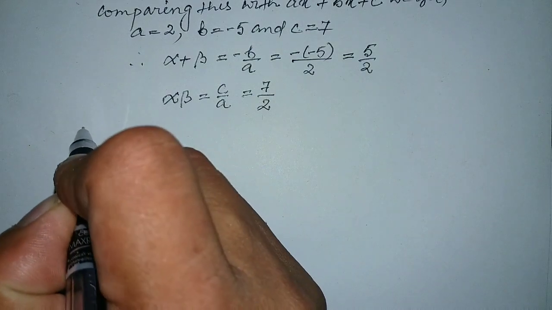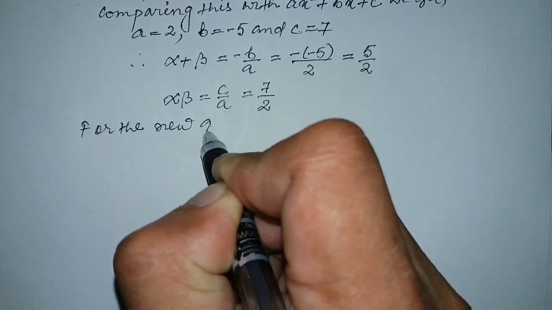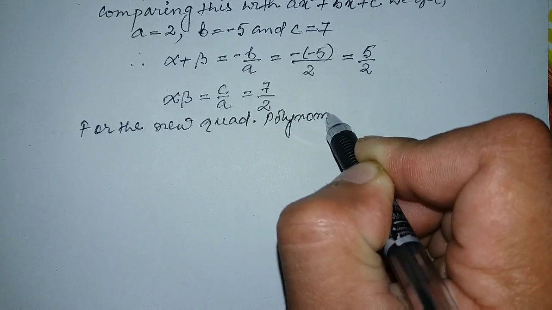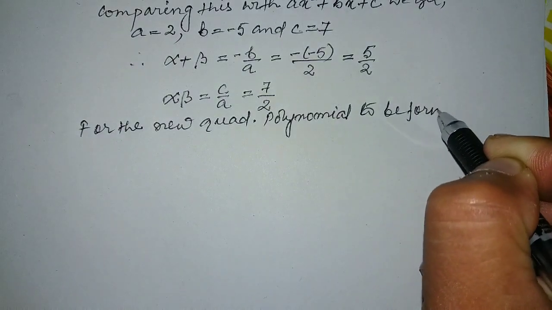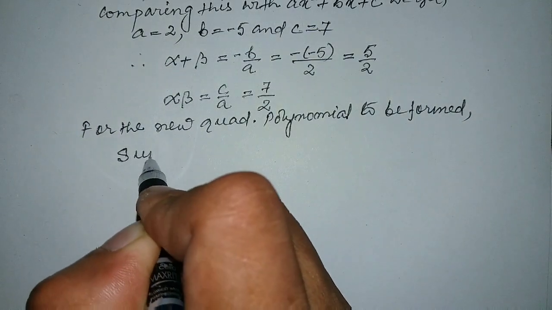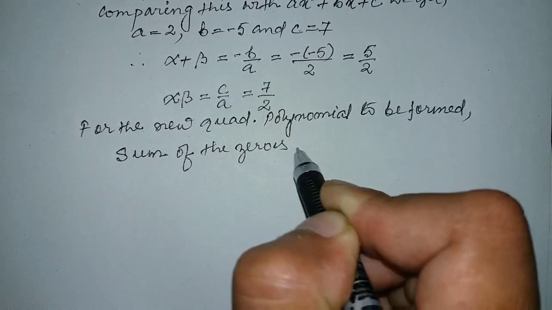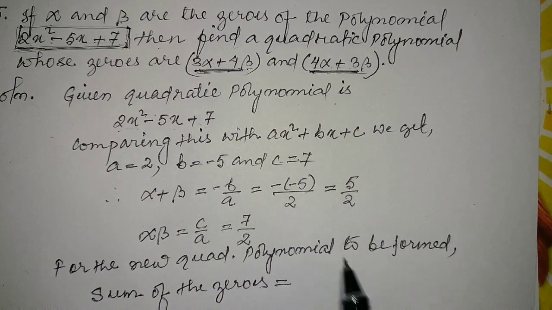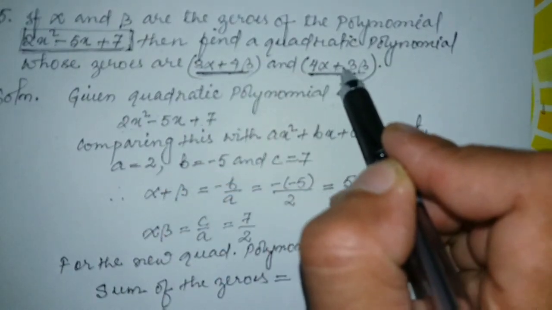So for the new quadratic polynomial to be formed, the sum of the zeros is equal to, so for the new quadratic polynomial, the two zeros are this one, 3 alpha plus 4 beta, and this one, 4 alpha plus 3 beta.